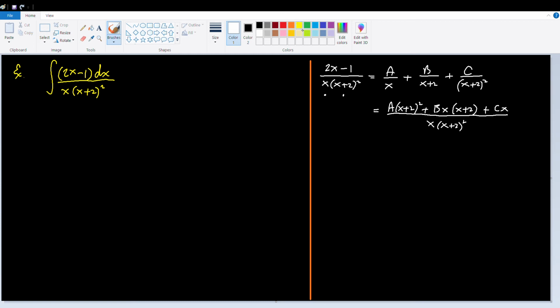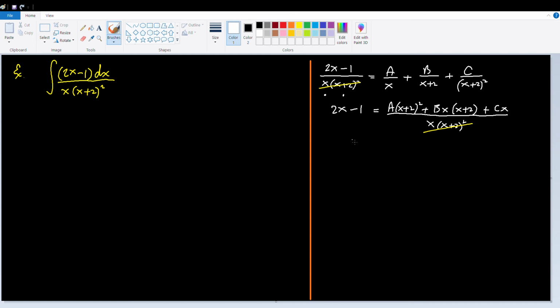So in here, we can cancel both denominators. The least common denominator, x times (x plus 2) squared, divided by x gives us (x plus 2) squared times a. LCD divided by x plus 2 is x times (x plus 2) times b. LCD of x times (x plus 2) squared divided by (x plus 2) squared gives us x times c. And that is equal to 2x minus 1.